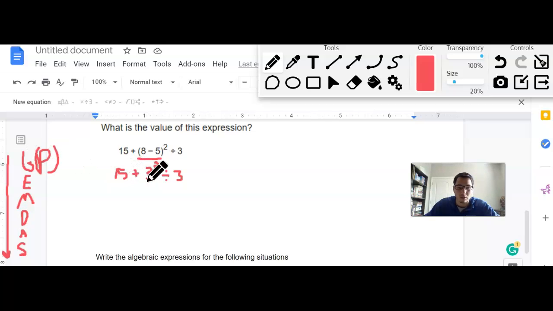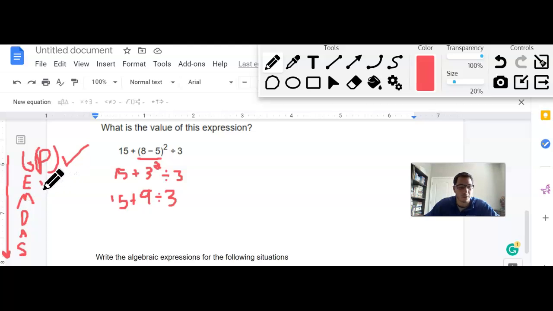Okay. Looking at our next section, there's no grouping and parentheses, so we can check that off. We do have exponents. 3 squared is 3 times 3, which gives us 9. Bring everything else down. So 15 plus 9 divided by 3.